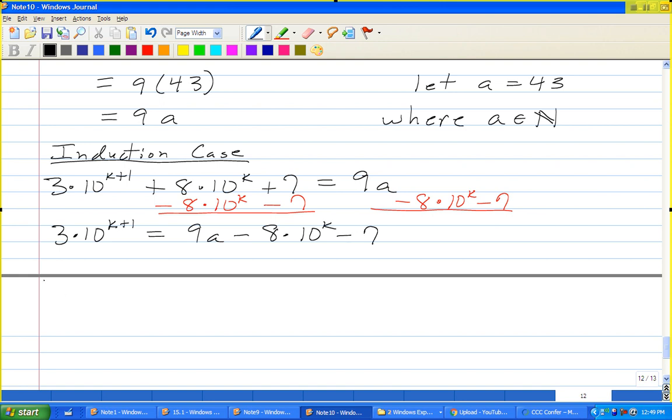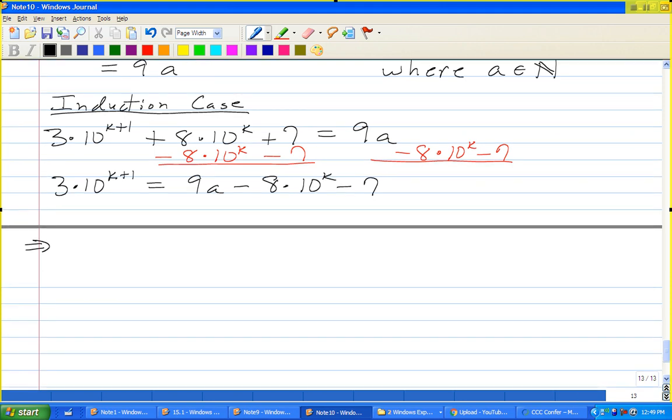Okay. So now let's look at the case when n is k plus 1. And so let's look at 3 times 10^(k+2) plus 8 times 10^(k+1) plus 7.